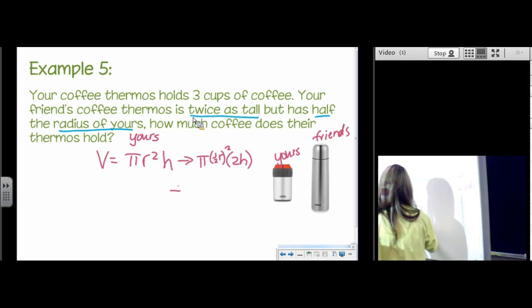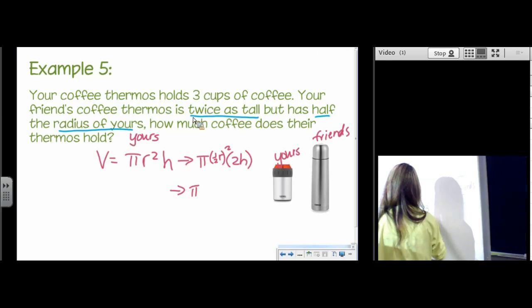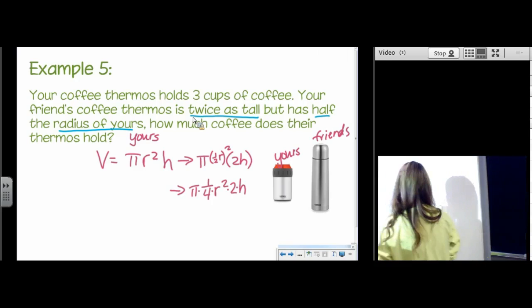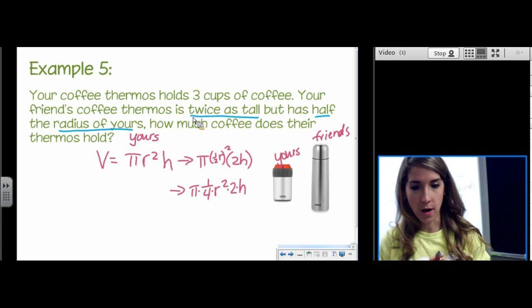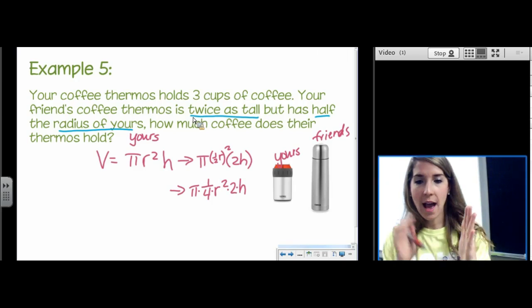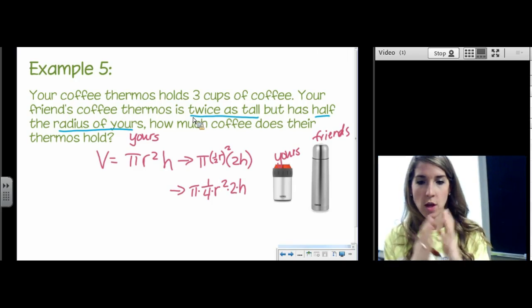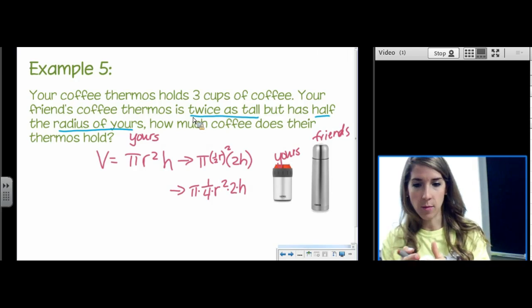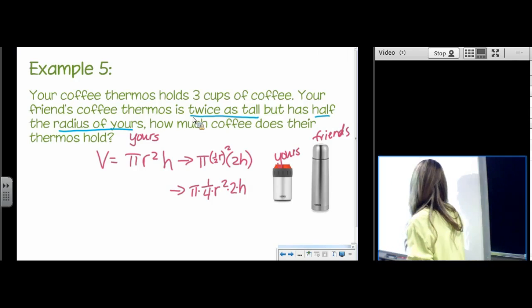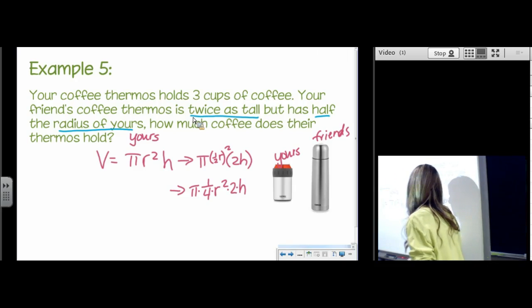This is going to equal pi 1/4 R squared 2H. Are we okay where I got the 1/4 from? 1/2 squared is 1/4. You have to square the coefficient and the variable. Let's keep cleaning this up. The 1/4 and the 2 become 1/2.